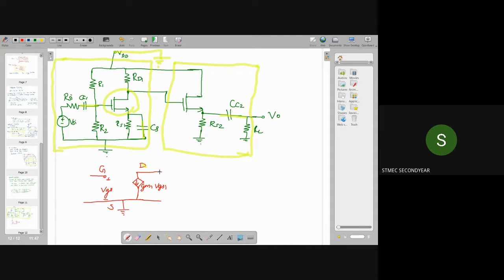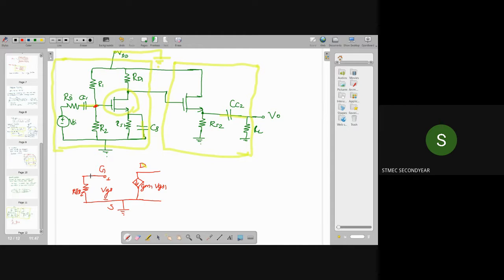Then what is the connection here? At the gate terminal you will have R1 and R2. Since VDD is grounded, R1 is connected to ground and R2 is also connected to ground. So at the gate terminal you can replace them with a single resistor with a value of R1 parallel R2.